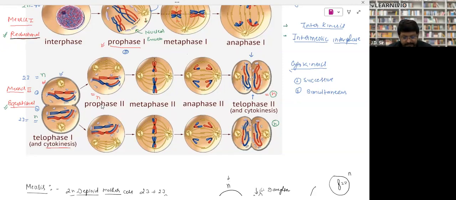Then anaphase second. The centromere of each chromosome divides into two, so that there is one centromere for each chromatid.